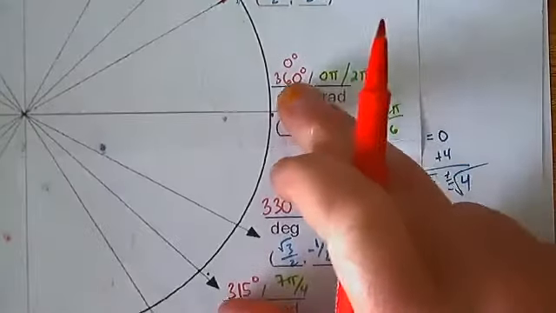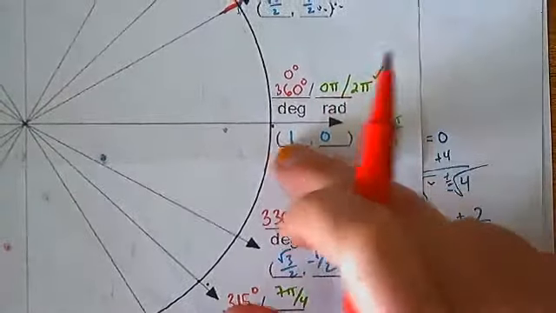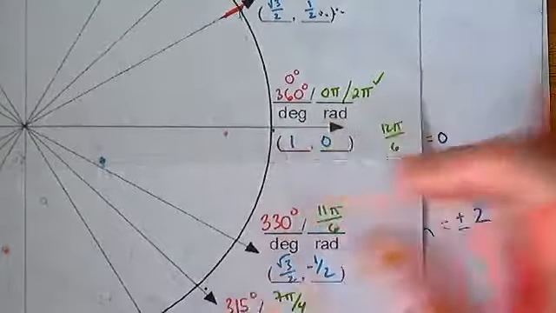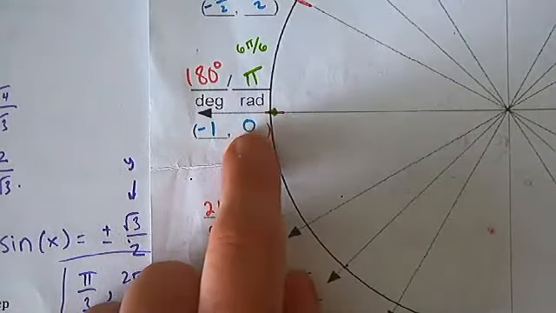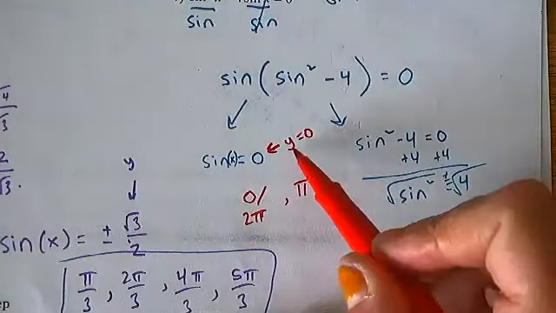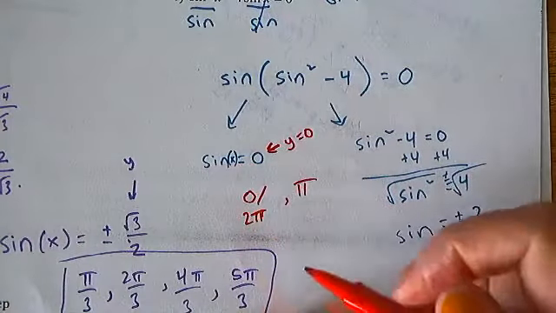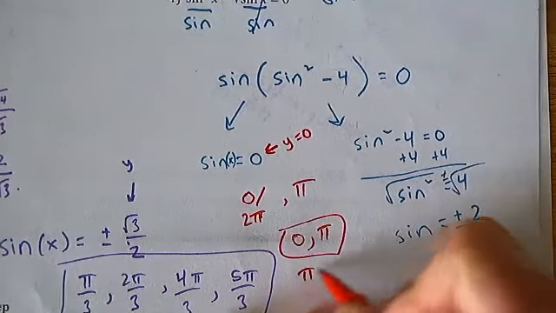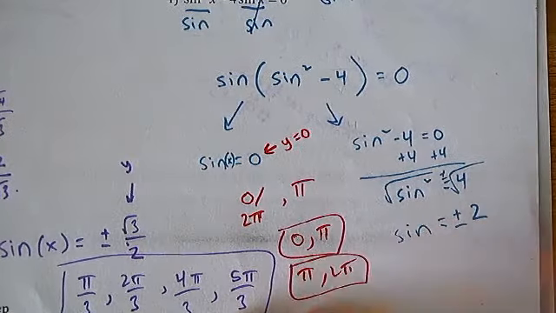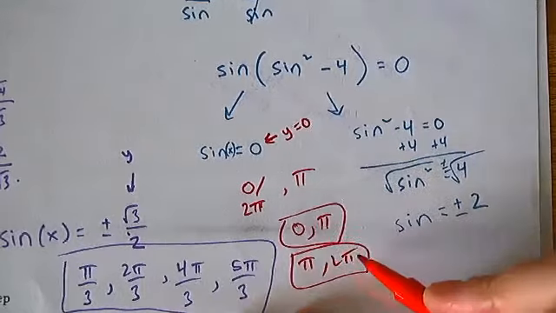So here at 0 or 2 pi, it's at (1, 0), and that's y equals 0. And then same thing over here at pi, it's (negative 1, 0), so the y is equal to 0. So that's the only two places on the unit circle where the y value is equal to 0 because it's sine. So I usually do 0 and pi, but if you put pi and 2 pi as your answer, that's totally fine as well, because 0 and 2 pi are the same position.